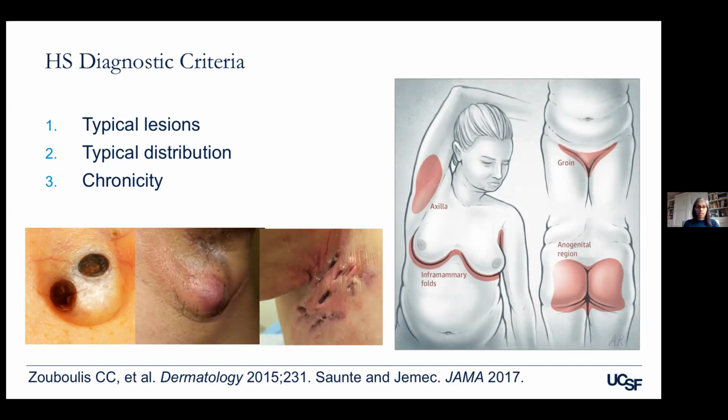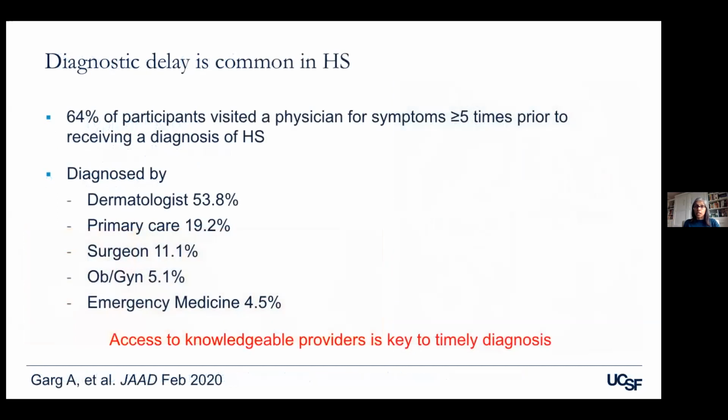But you can imagine that if many people don't even know these diagnostic criteria exist, and people are not aware of the disease state, then there's going to be significant problems with diagnosis. And that is something that we see very commonly in HS.